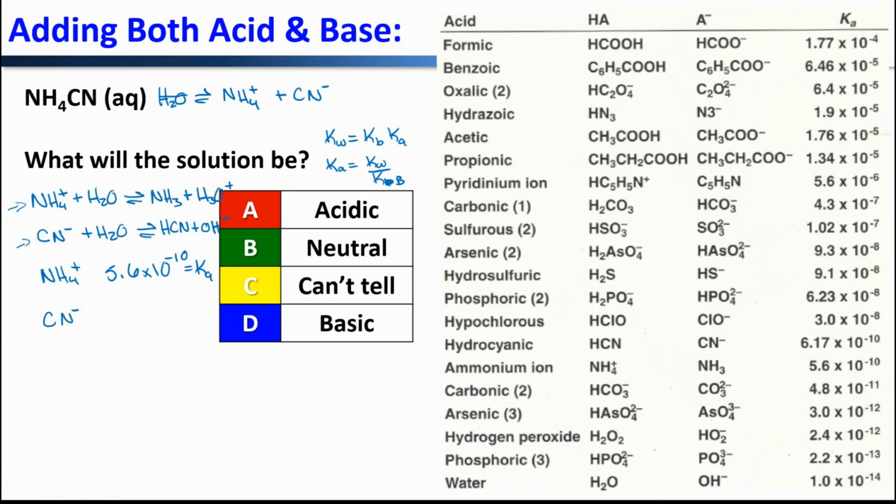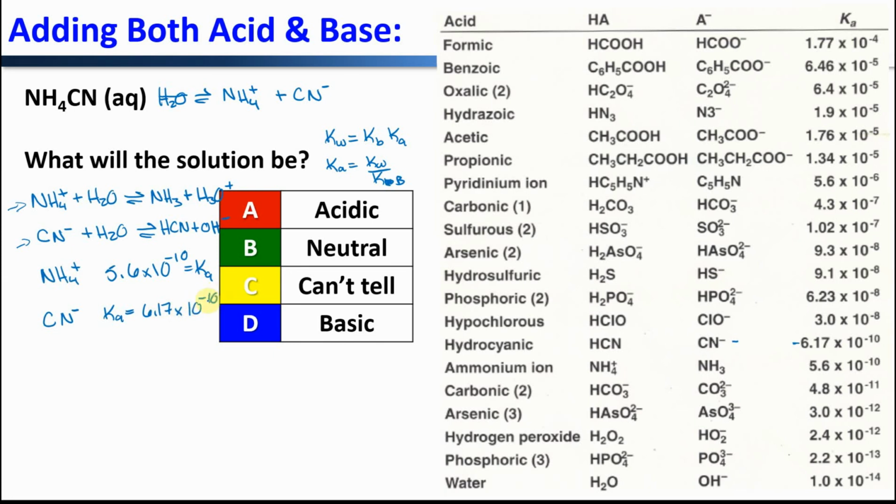I need to know what its Kb is to know if it's going to produce a lot of the base. So where's my CN minus? Here is the conjugate acid HCN, and its Ka is 6.17 times 10 to the negative 10.